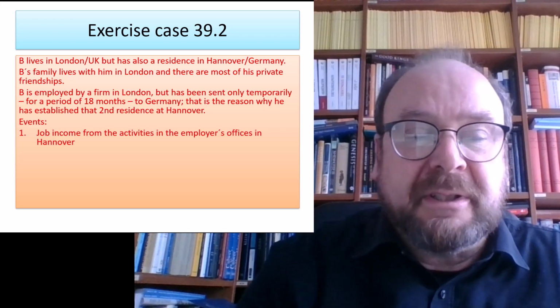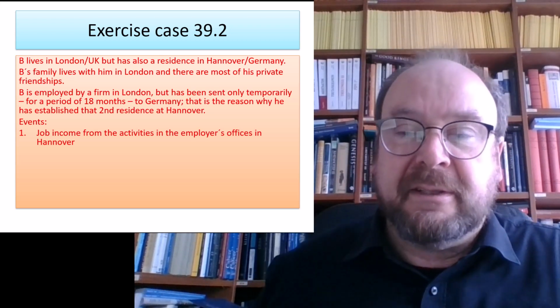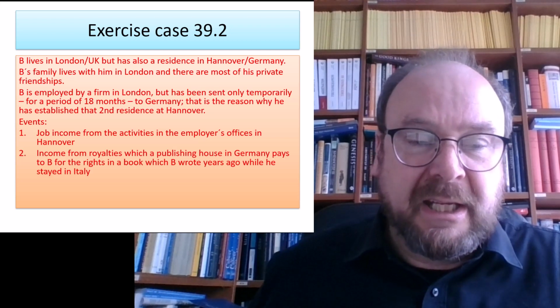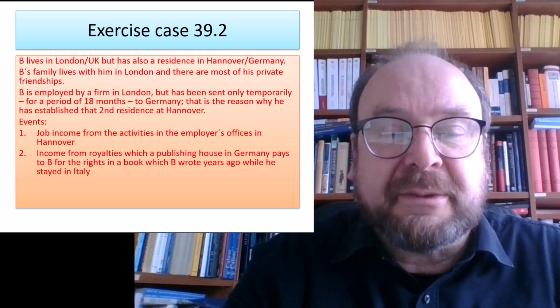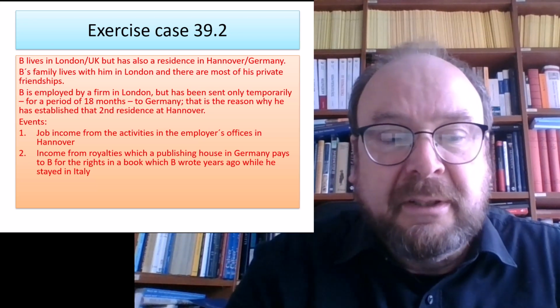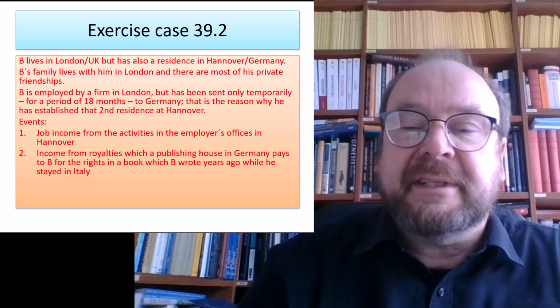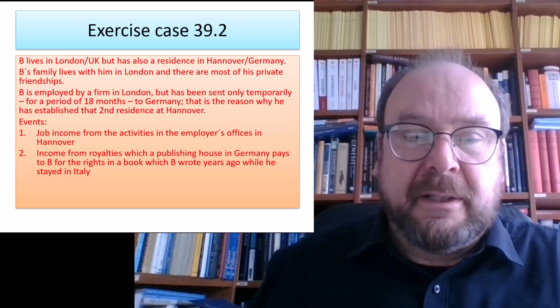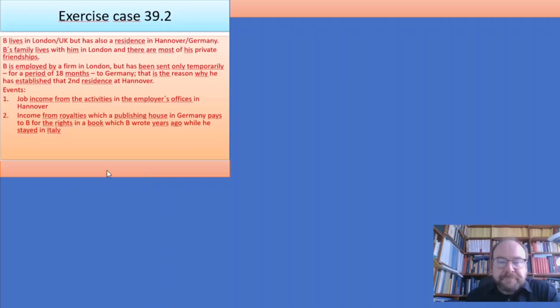Job income from the activities in employers' offices in Hanover are to be checked, and he has some income from royalties which a publishing house in Germany pays to B for rights in a book which B wrote years ago while he stayed in Italy. That's the whole case, and let's think about a solution.